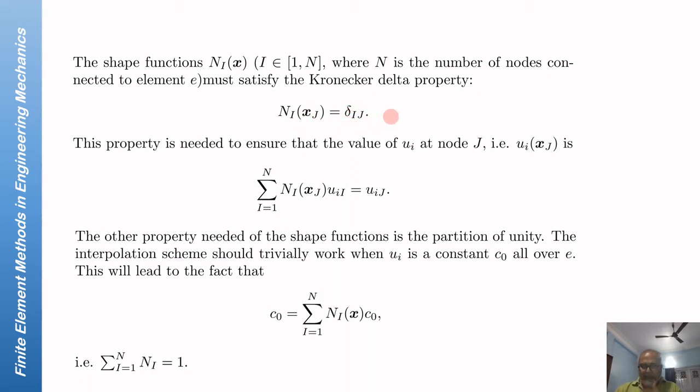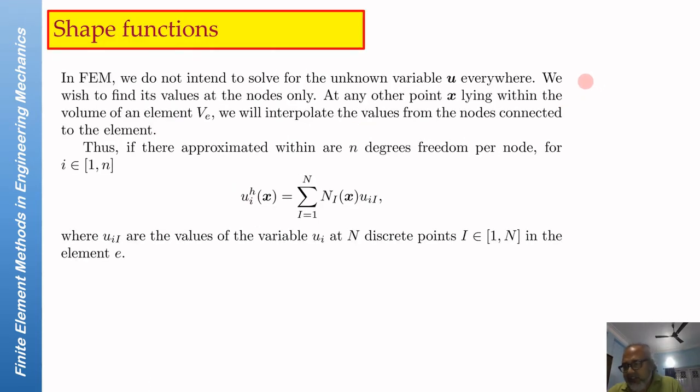That means that ni evaluated at the location of node i should give me 1, and ni evaluated at the location of any other node should give me 0.